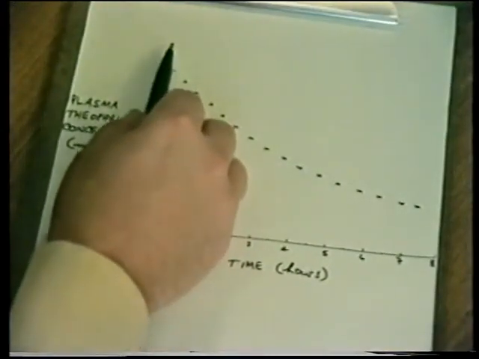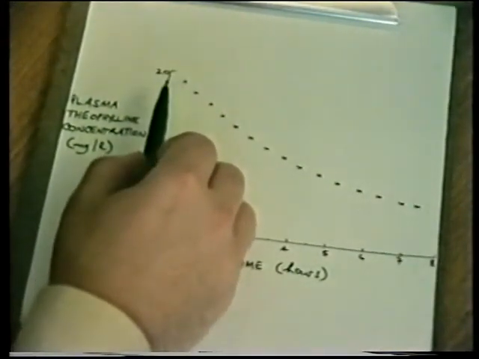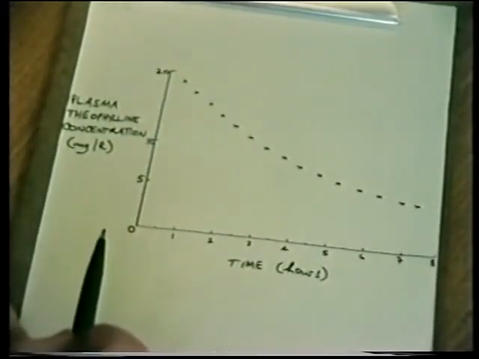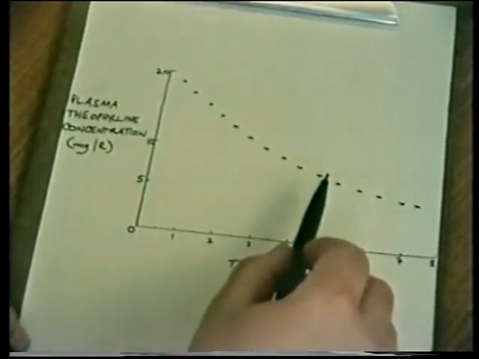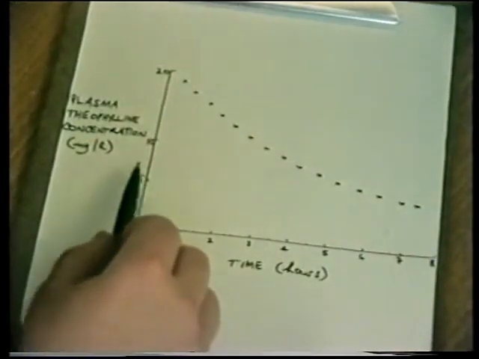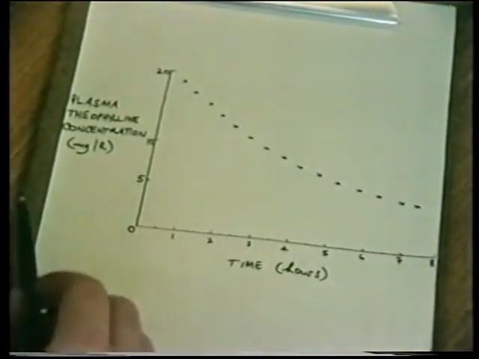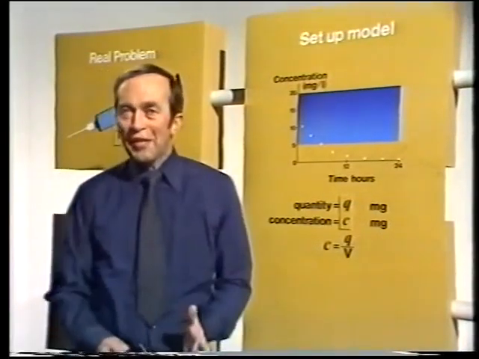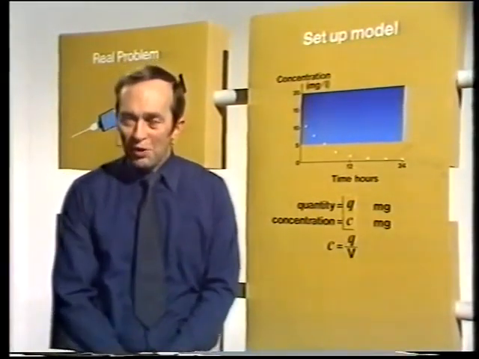Firstly, I'll know how to extrapolate this line back to the vertical axis, which will allow me to work out the apparent volume of distribution. And secondly, I'll be able to extend it in this direction, so that I can tell at what time the plasma concentration falls below our theoretical minimum therapeutic value, and I'll know when I ought to give the patient another dose of theophylline.